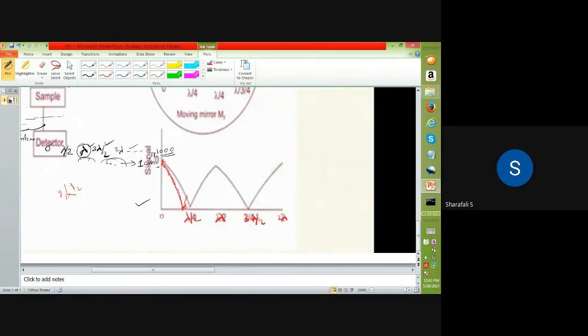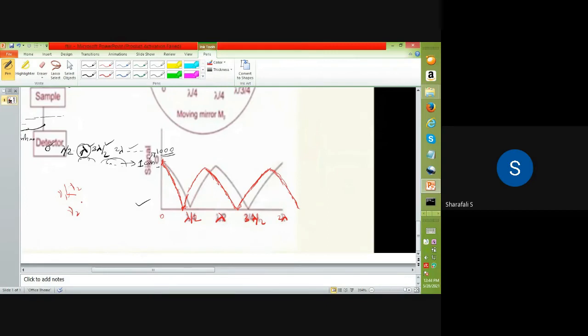Then it goes like this, reaching a maximum somewhere here, and then it comes back. For this radiation, these lambda positions will be different, and we get an interference pattern like this. This is for the case when mu2 is greater than mu1.